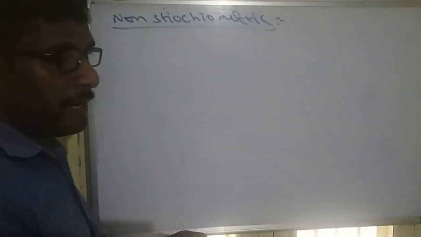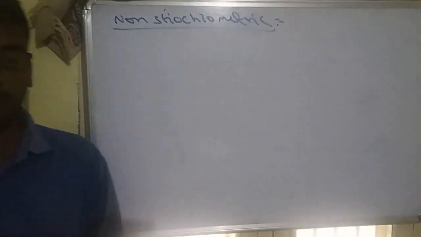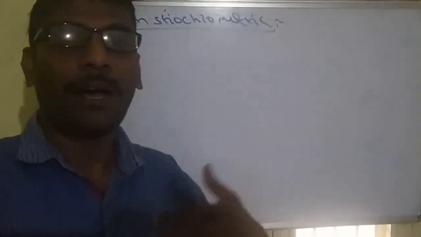After the impurity defect, the next one is non-stoichiometric defect. Stoichiometric means equal composition, whereas non-stoichiometric means unequal composition. That means metals and non-metals are not in equal composition. Either the metal can be in more amount or the non-metal can be in more amount. That's why these are classified into two types.